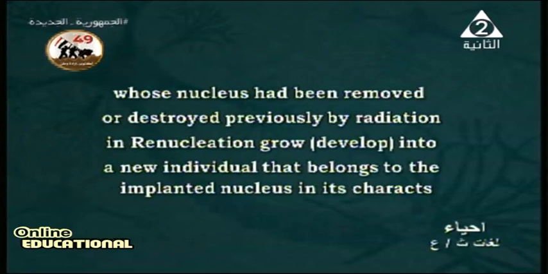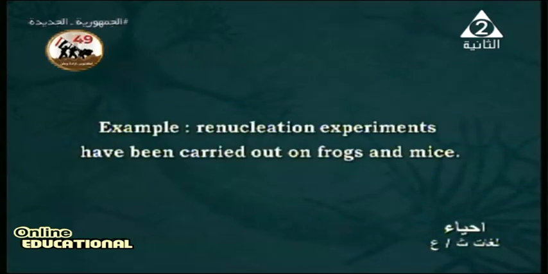In renucleation, development into a new individual occurs that belongs to the implanted nucleus in its characteristics. Example: renucleation experiments have been carried out on frogs and mice. Renucleation means taking the nucleus and injecting it outside the uterus.